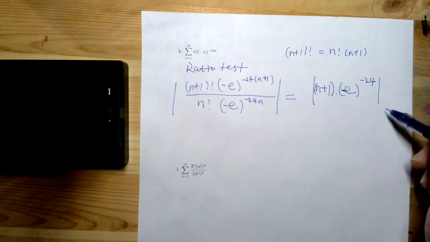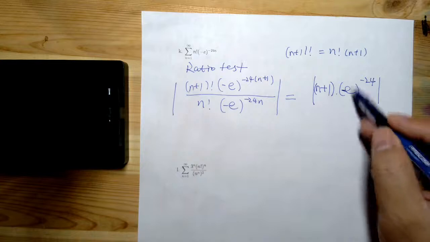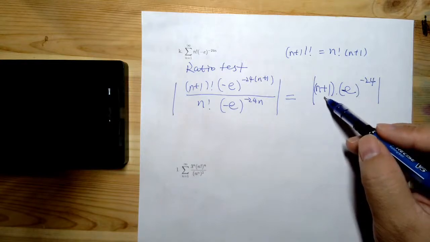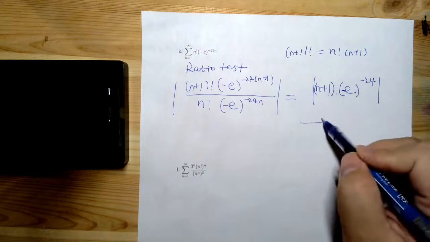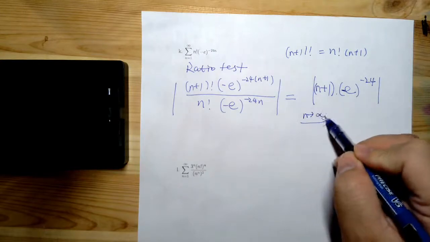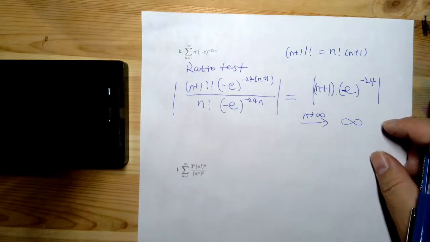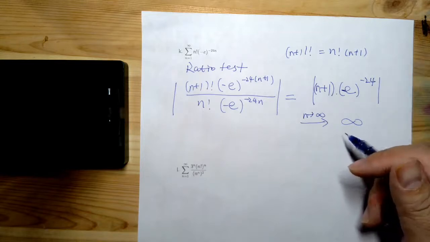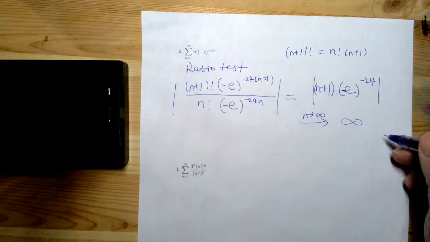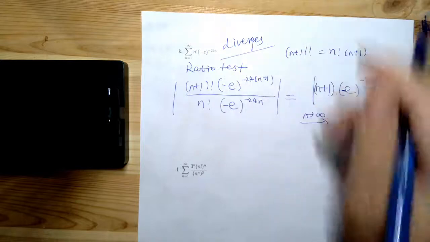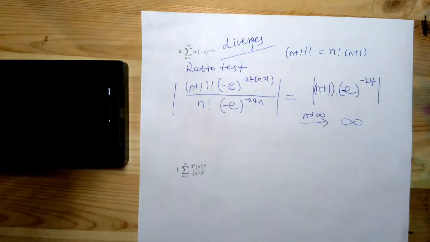Maybe put a parenthesis here. Do you see that this is a constant, and this one is n+1? As n goes to infinity, this limit also goes to infinity. That means, based on the ratio test, my series diverges.